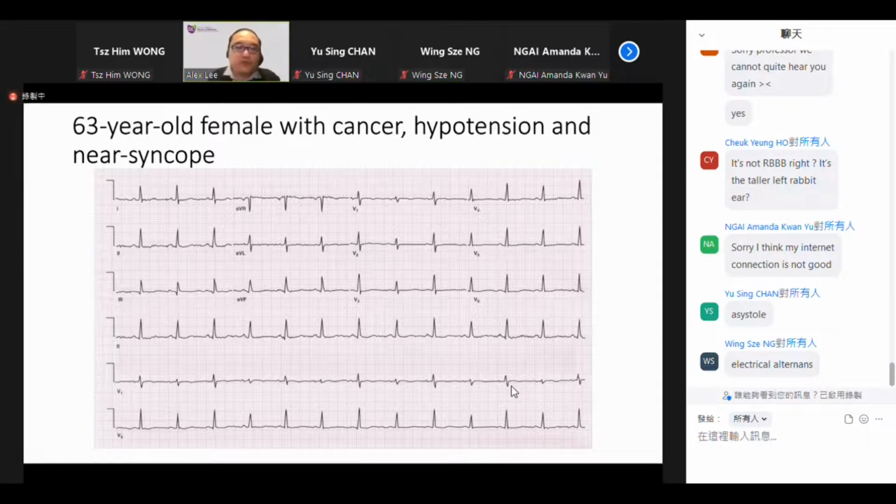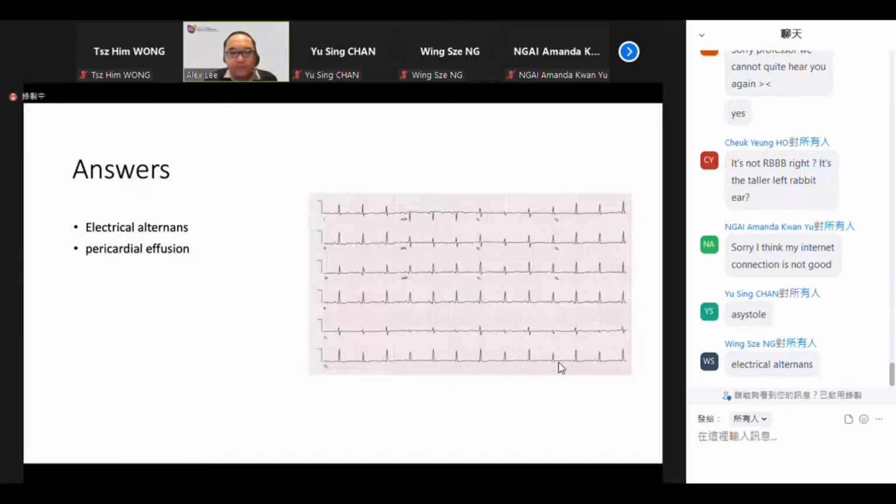So how do you diagnose electrical alternans on the ECG? When there is one large, one small, and then one large and one small. Right. So when there's alternating amplitude of the QRS complex, or alternating axis direction of the QRS complex, then the diagnosis is electrical alternans, and the differential diagnosis of electrical alternans is cardiac tamponade.